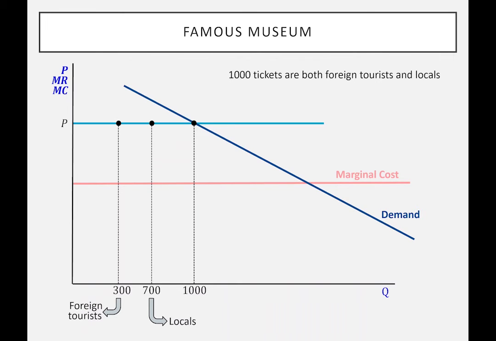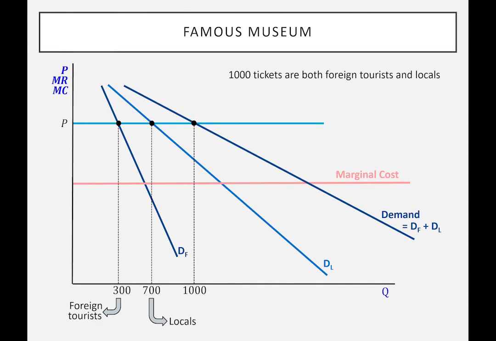But what the museum could do is do a bit of marketing research, and trace out a demand curve for each of these groups separately. I've just done this quickly here. Imagine this is the demand curve for the foreigners, call it DF, and we've got another demand curve for the local people, DL. And of course, the two demand curves added together horizontally would give us the current demand curve for all together, that is DF plus DL.